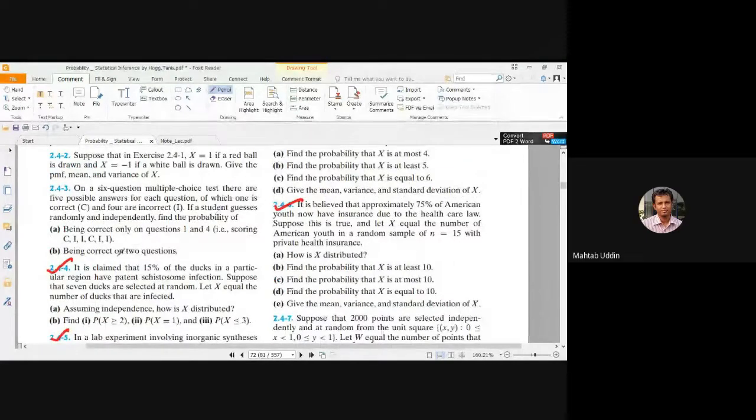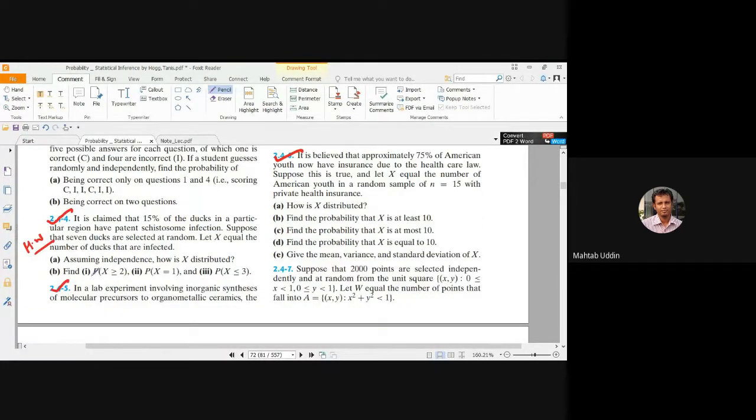I'm leaving 4 as homework. I'm going to do number 5. What does 5 say? In a lab experiment involving inorganic synthesis of molecular precursors of organometallic ceramics, this is actually a chemical reaction to make the organometallic ceramics using some molecules.